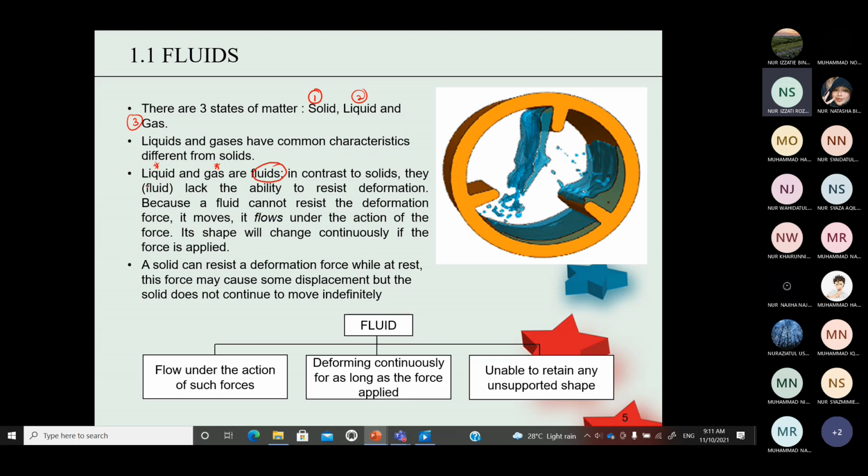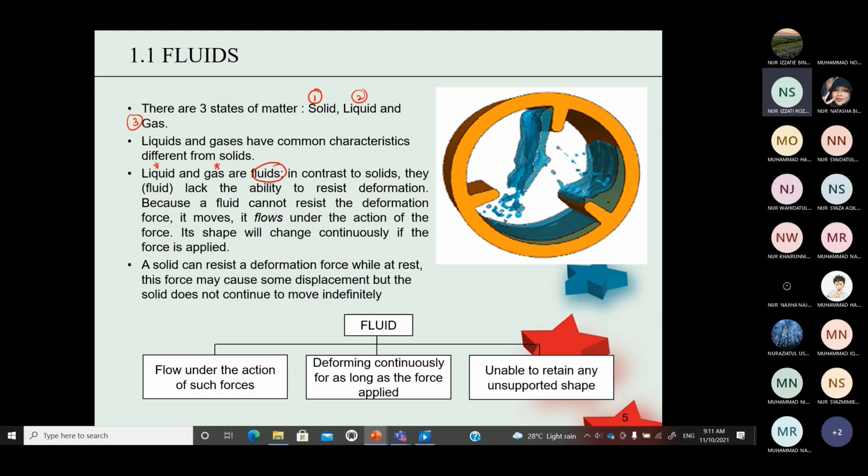So liquid and gas as a fluid lack the ability to resist deformation. Deformation means change of shape, all right? Because a fluid cannot resist the deformation force, it moves. It flows under the action of the force. As you can see here, the liquid moves following the force.